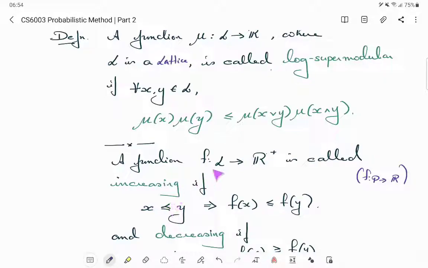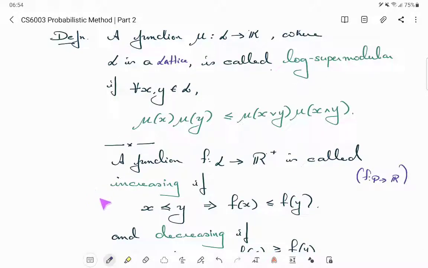Remember, there is no strict condition. This is not the strictly increasing definition. Even a constant function fits the definition of being increasing. Even if x precedes y and x is not equal to y, it's not necessary that f(x) be strictly less than f(y); it's okay for f(x) to equal f(y).